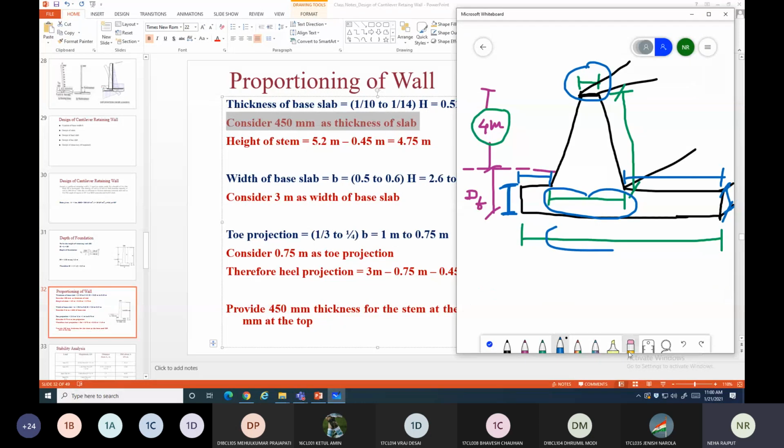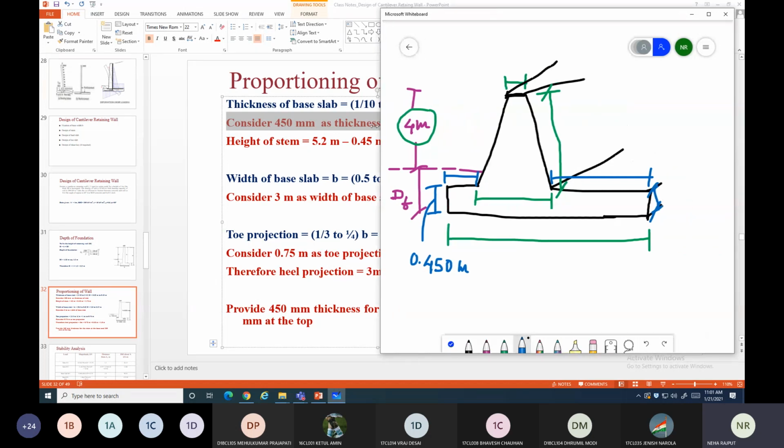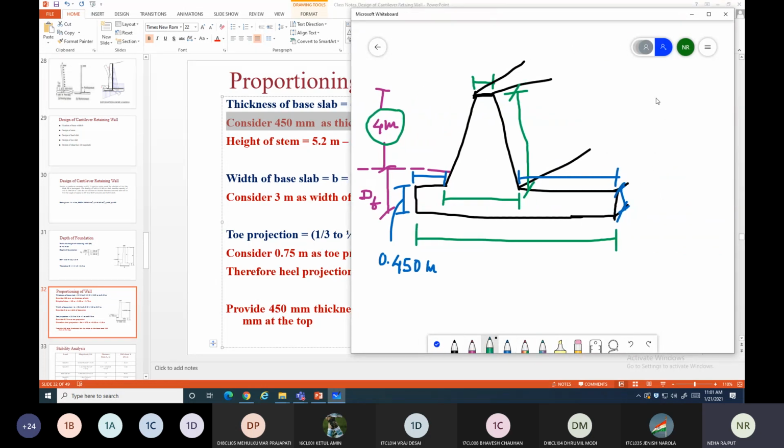So now one parameter I have, and that parameter is this thickness as 0.450 meter. So this is my 0.450 meter. Now if I have total height of retaining wall, so this total height of retaining wall I have is 5.2 meter.